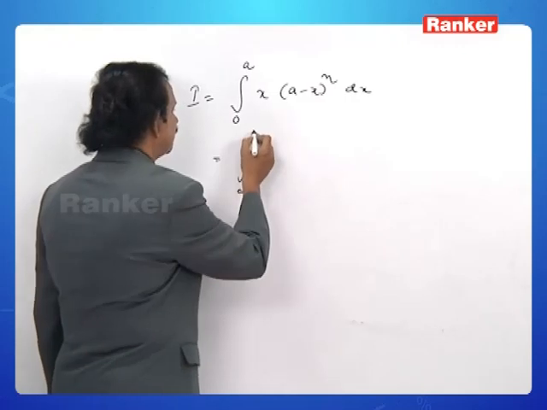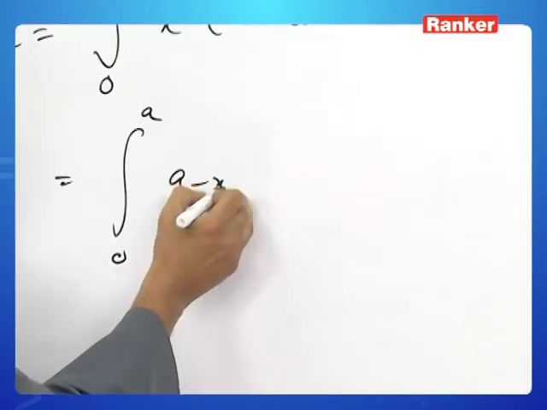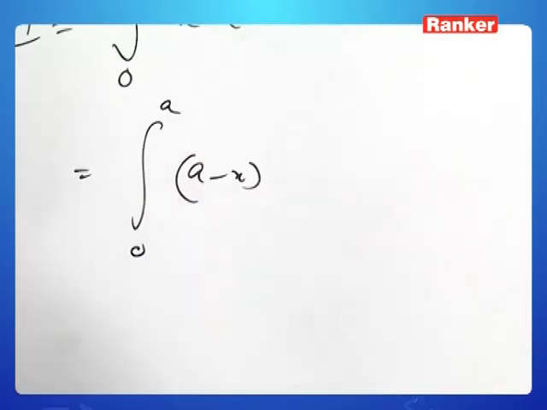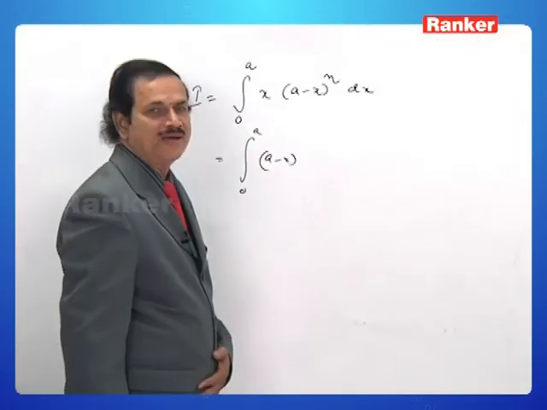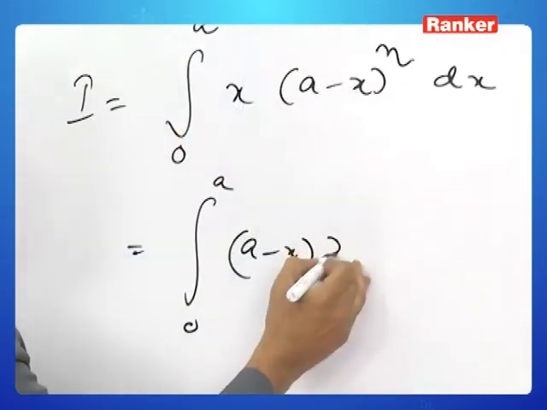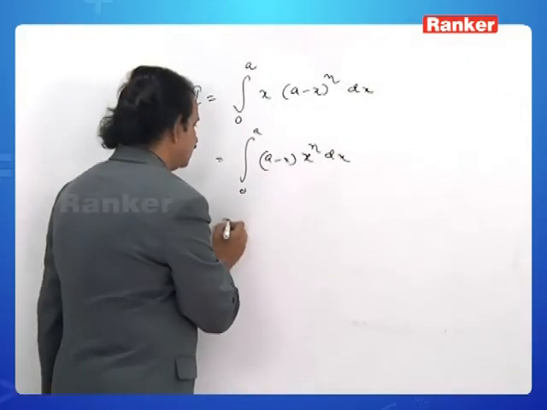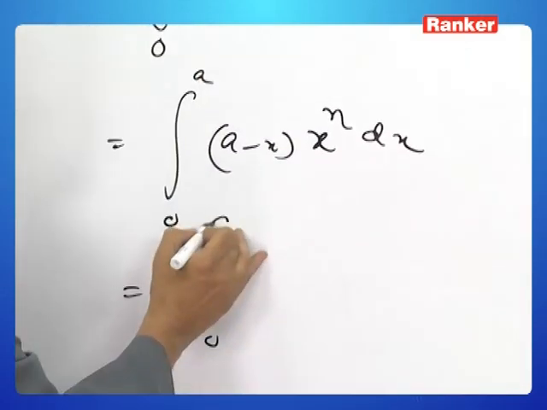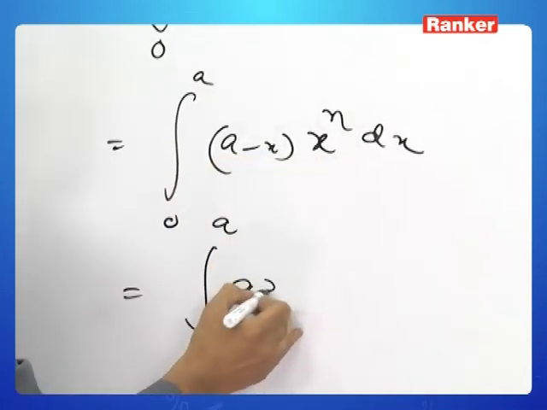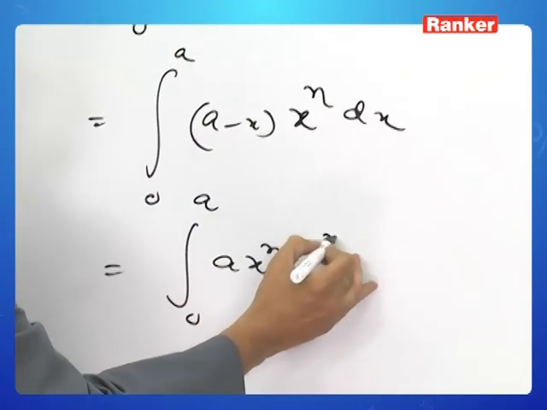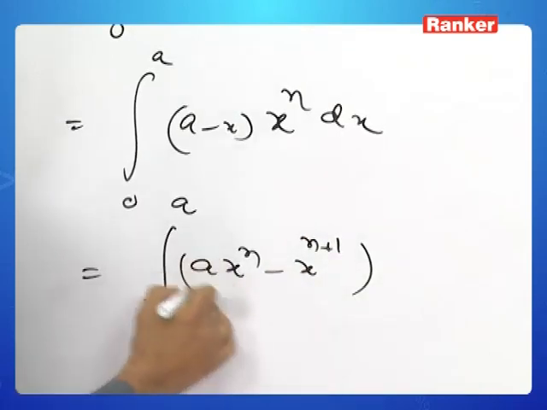So, it is 0 to a, a minus x into a minus of a minus x is just x dx. So this is integral 0 to a into x power n minus x to the power of n plus 1 dx.